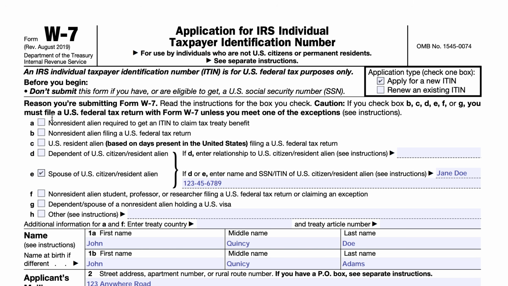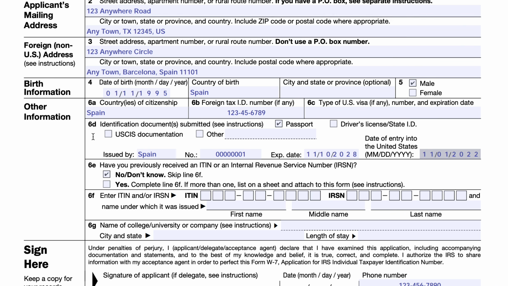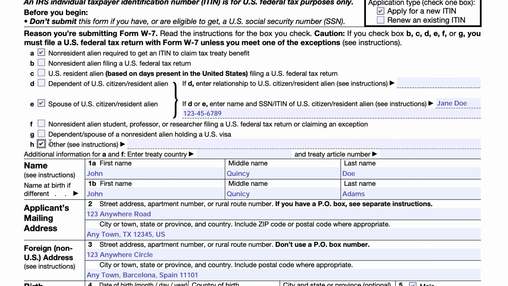For box A, you can meet exception 1, which is passive income. If you select box A and you have an exception, you would list your exception here under other, and you would say something like exception 1A, partnership income.